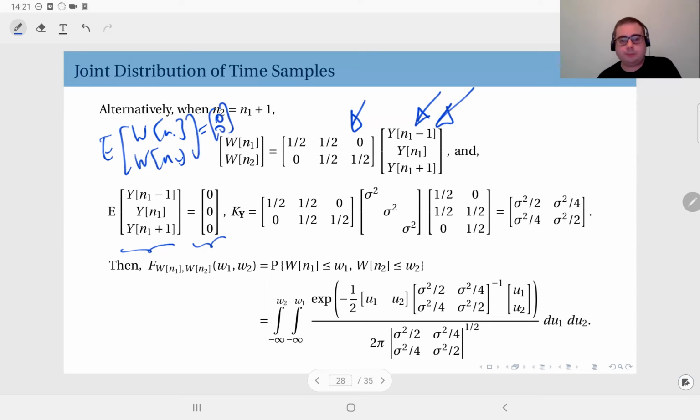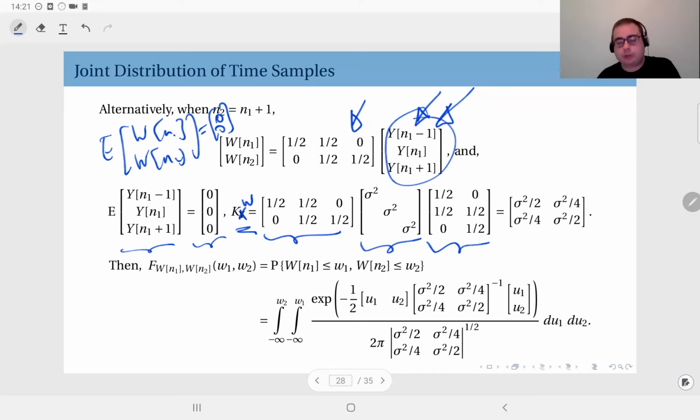Okay. How about the covariance matrix? Well, this should be K_W. And this is the transformation matrix, and this is the transformation matrix transposed. And this here is the covariance matrix of this.